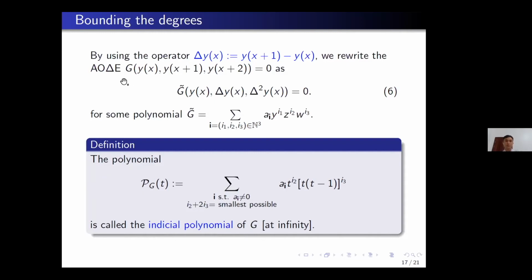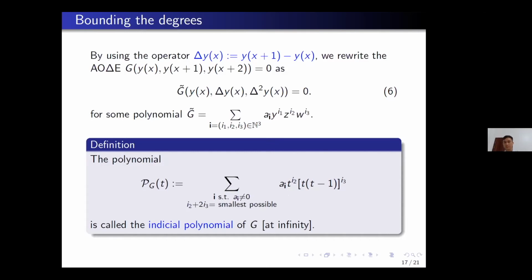With the polynomial Z given before, we determine Z tilde like this, and then we take a sum of a_i times t to the i2 times (t minus 1) to the i3, where i runs through the indices of Z tilde, so that i2 plus 2 i3 must be the smallest value possible.